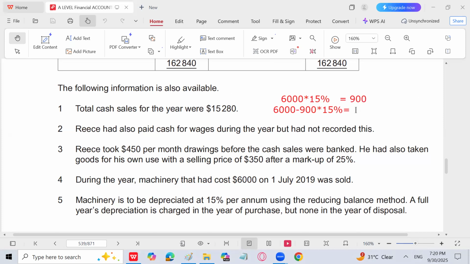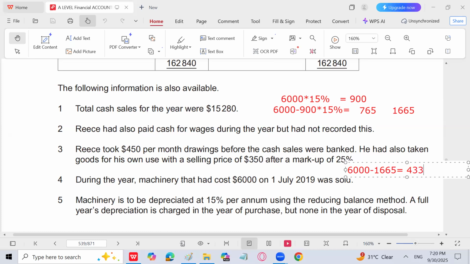What is the amount? 5,100 into 15%. 765. Okay, right. Now, the total of this, 900 plus 765, is 1665. Yes. Now, the book value of the asset sold, 6,000 minus 1665, that is the net book value of the asset sold, which will come how much?